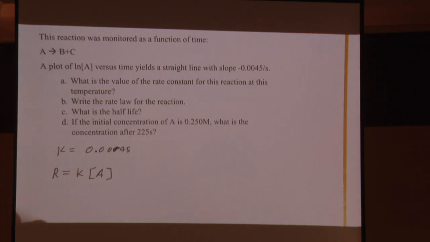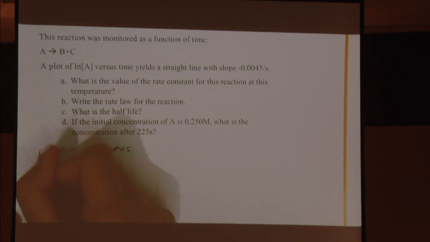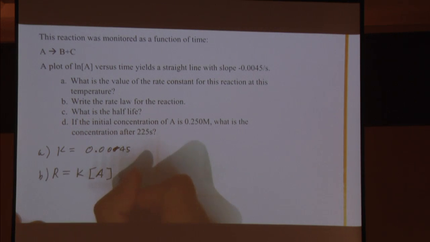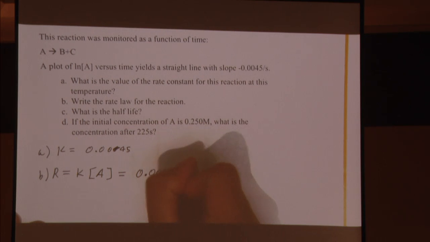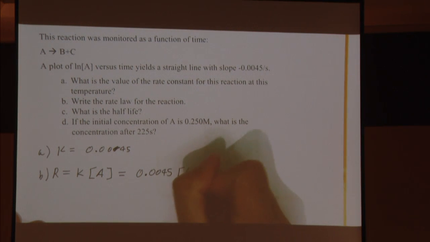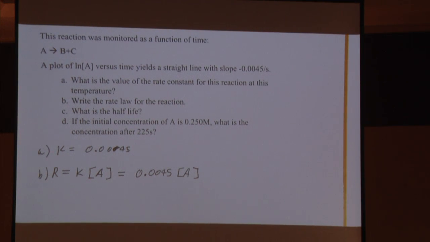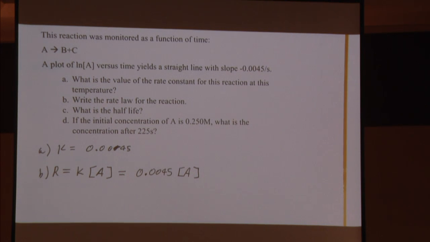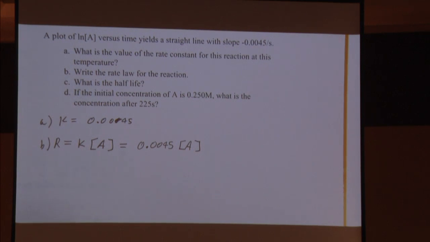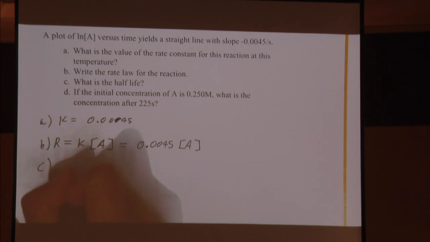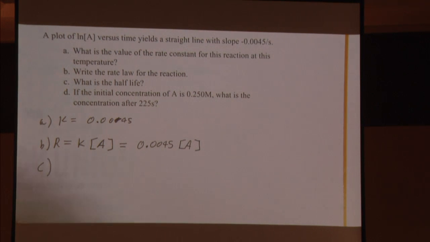R equals K times the concentration of A. And when we substitute our value of K in, we get this. Now we need to figure out the half-life. We need to remember the formula for figuring out the half-life.